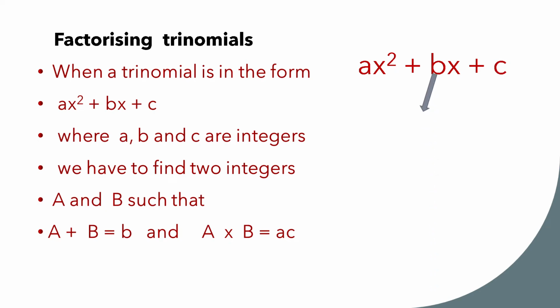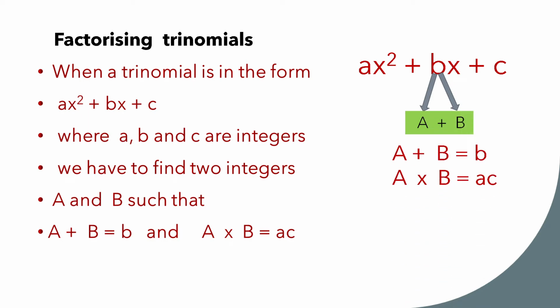Now we have to split b in such a way that both terms, when added, give b, and when multiplied, give the product of the first and last terms. This is splitting of the middle term.